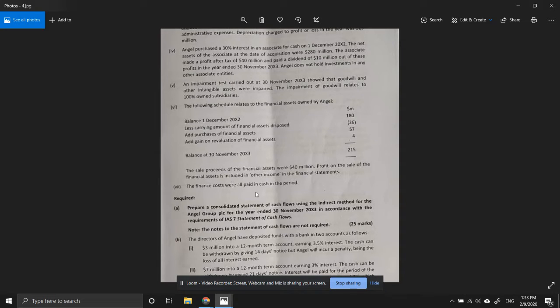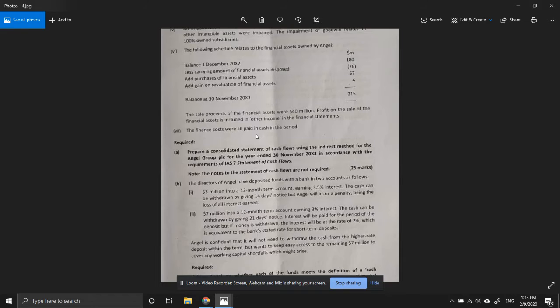Okay. So finance costs were all paid in cash. So all of the finance cost incurred. Otherwise, normally finance cost is an accrual basis item, right? So if there was any cash payment, then only we would recognize it as interest paid at the bottom, right, below cash generated from operations, whereas in this case everything has been paid out.